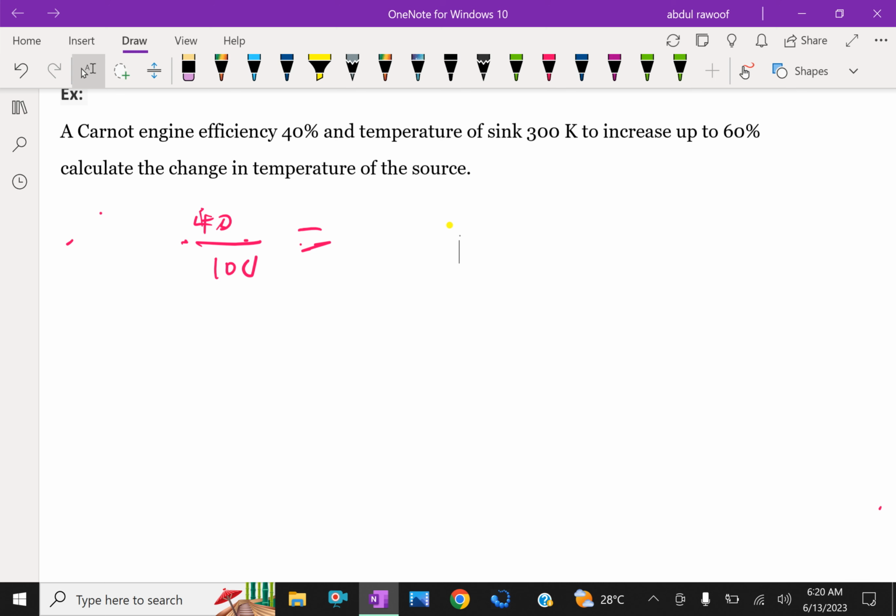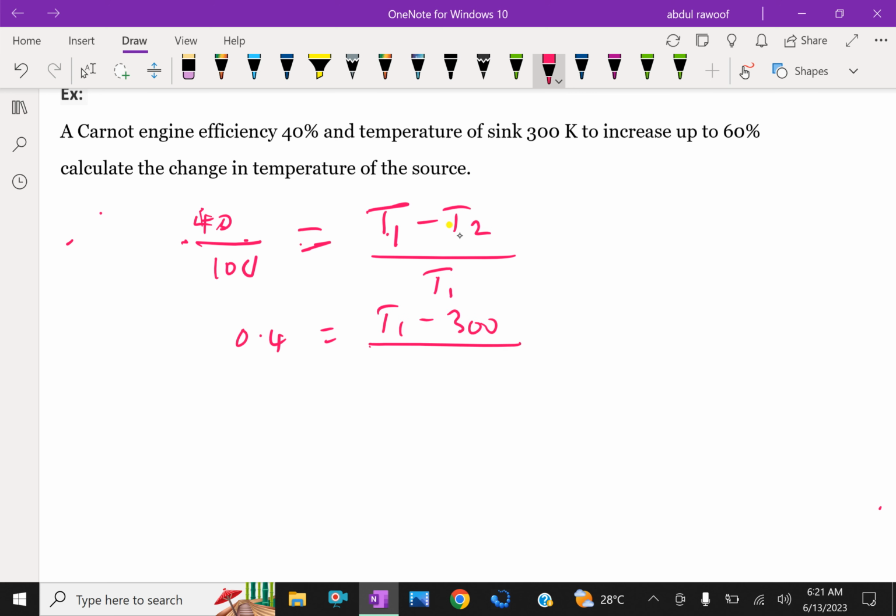Efficiency is (T1 minus T2) over T1, which is equal to 0.4, equal to (T1 minus 300) over T1.